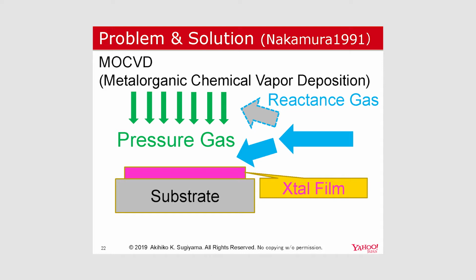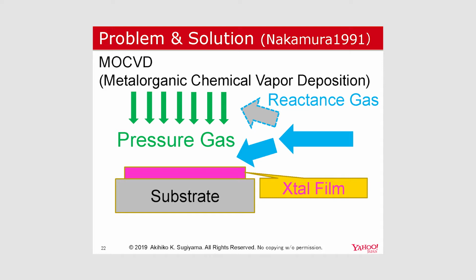Now let's perform the same analysis. The problem is the same. The cause one, this is the same thing. And Professor Nakamura thought, why reactance gas is not delivered? So this is the second step analysis to find out second cause. And he found that reactance gas goes up. It's lighter.